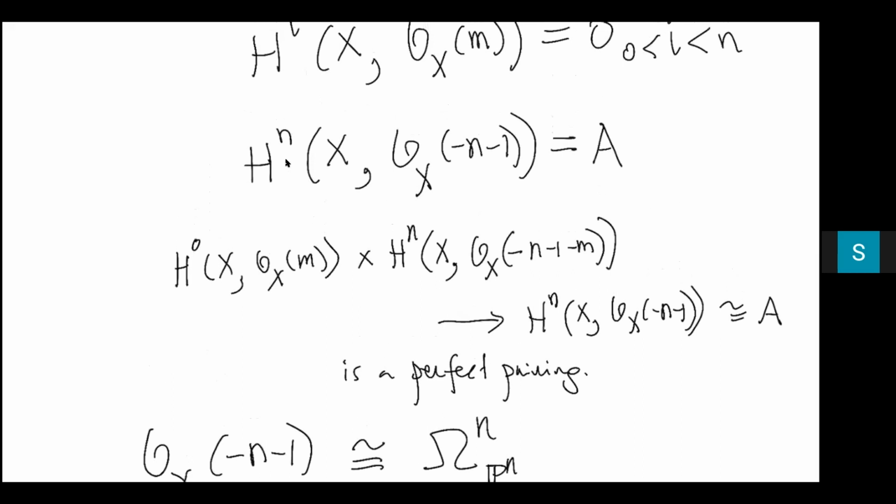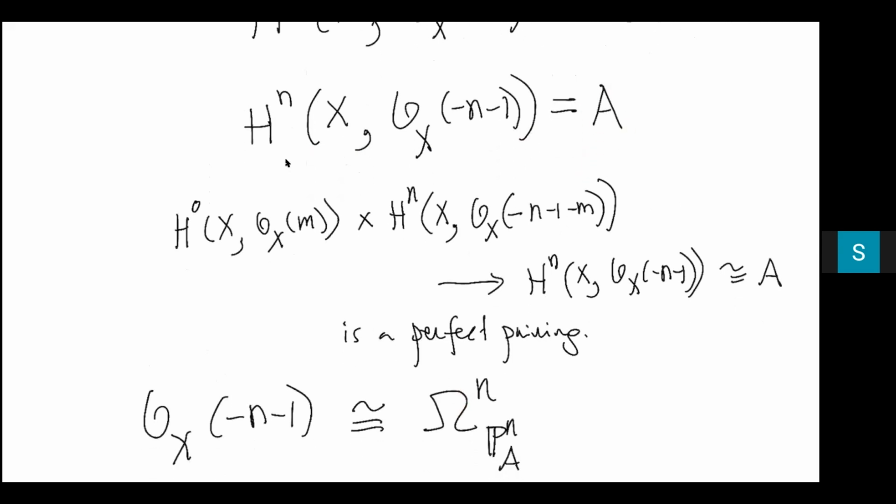What we have here is that the top cohomology of the cotangent, the top exterior power of the cotangent bundle, if you assume you are working over an algebraically closed field, then you'll get K. And then for certain classes of coherent sheaves, so these are coherent sheaves of the type OXM, you have this kind of a pairing.